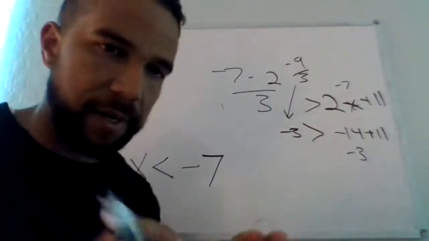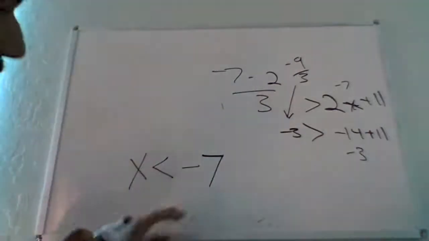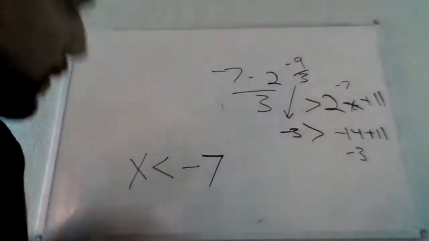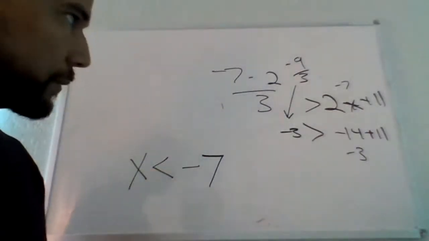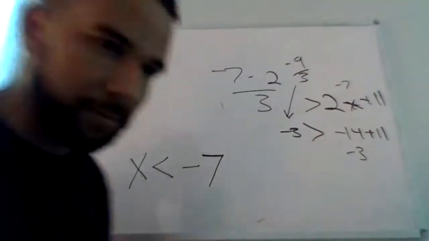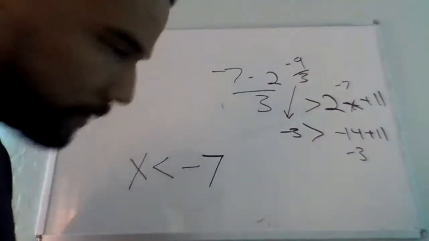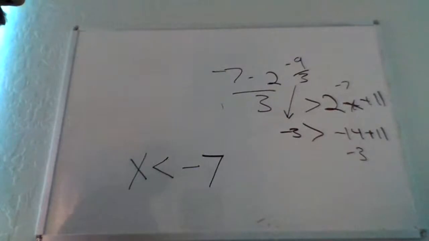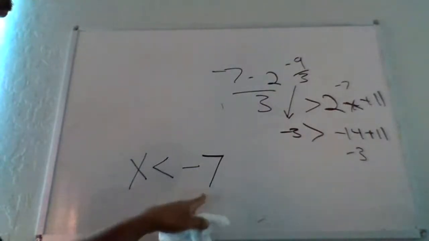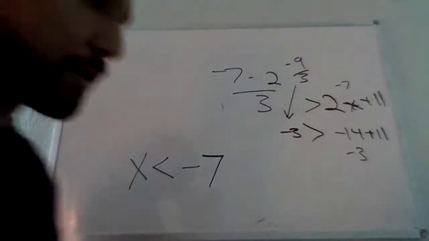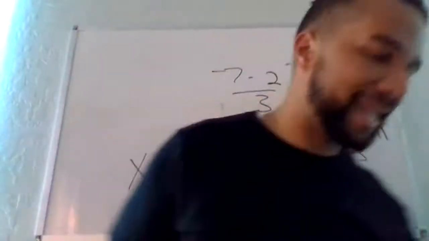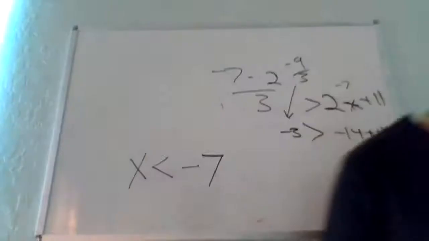Does that make sense so far? Because we need to graph this. We understand the answer is negative 7. Right, so we flip the sign. Anything less than negative 7 is going to make this equation true.